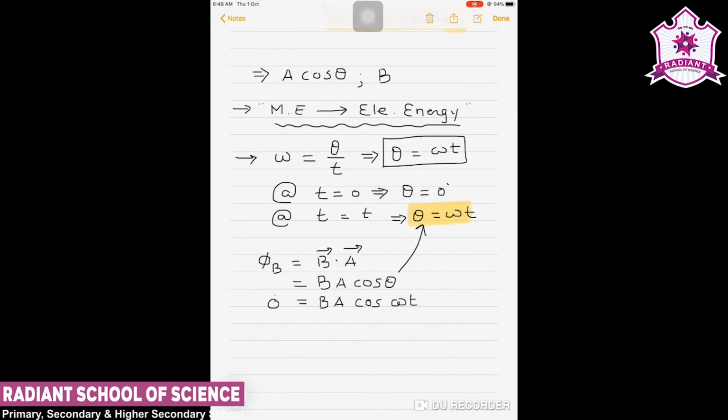So that will be the flux linked with the circuit as given in the condition right now.